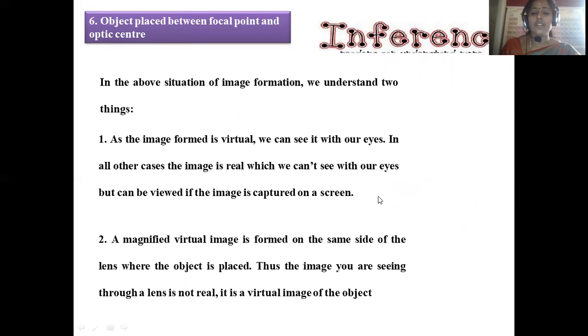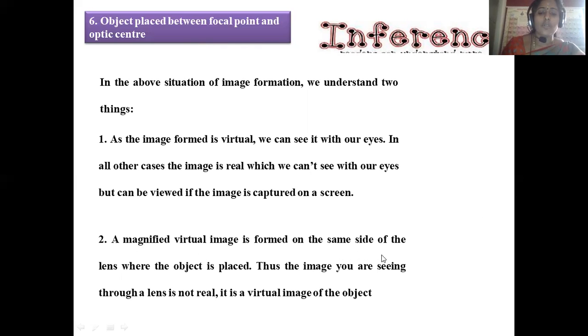They are available on the screen, and separate aids are needed to visualize them, and our eye cannot capture them, right? So in situation number 6, the size of the image is enlarged to a larger extent, so that it is easily available to see.